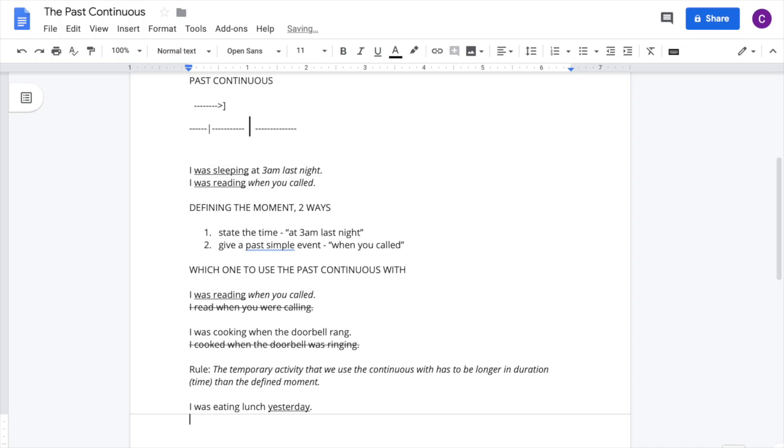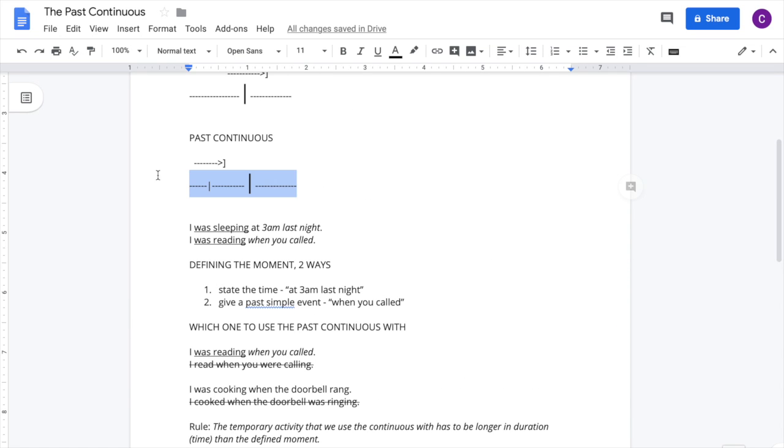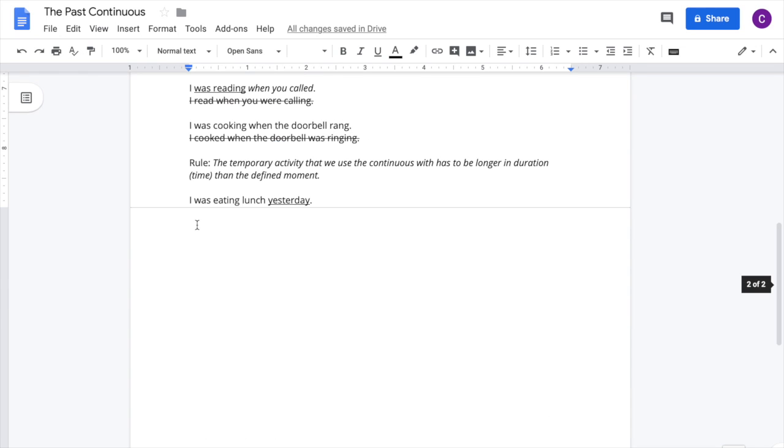Let's look at a diagram of this. So that would look like, if we make yesterday this period right here. So here's when we wake up.